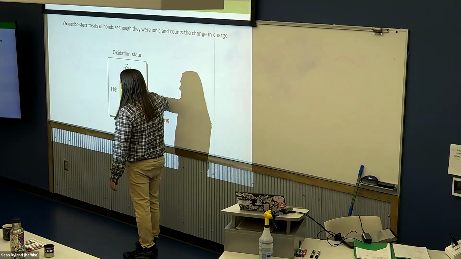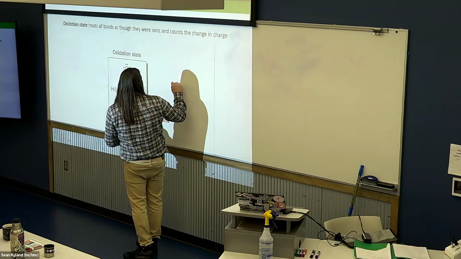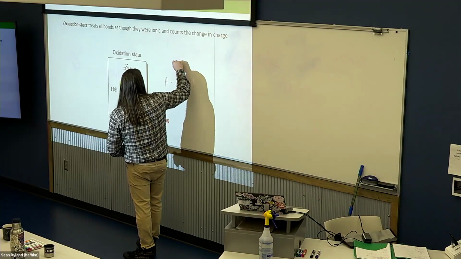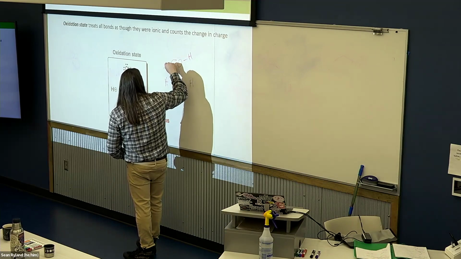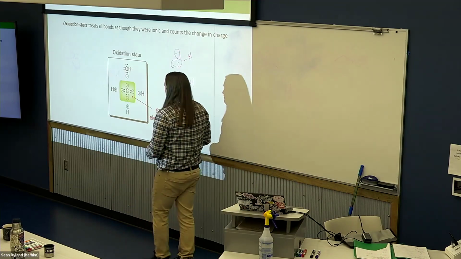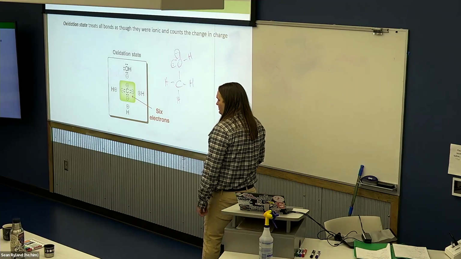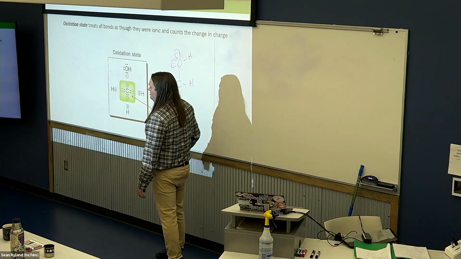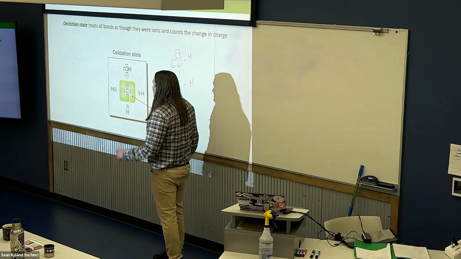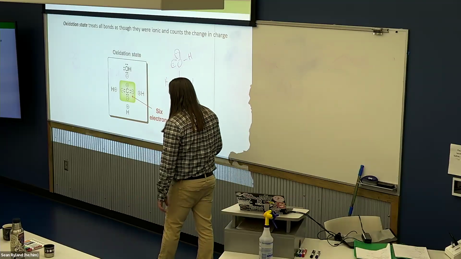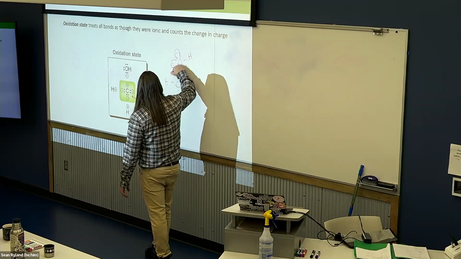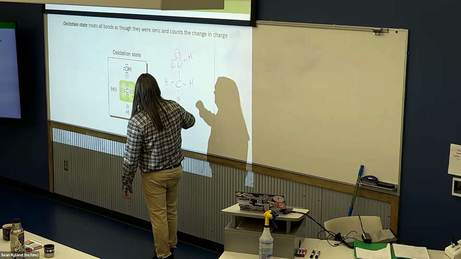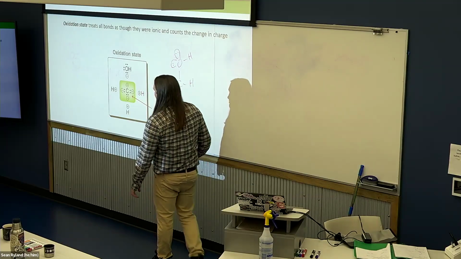So the oxidation state in methanol, just in its regular Lewis dot structure, there is no charge. We can look at this and say, well, there's a partial charge because the oxygen is more electronegative. So oxidation state is basically zooming in on that. I'm going to treat this polar bond like the oxygen actually gets all of the electrons because it's more electronegative than the carbon.